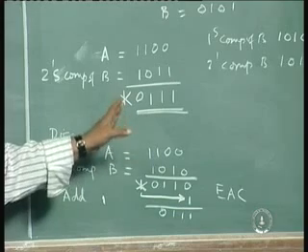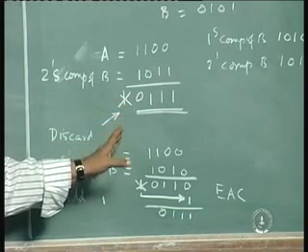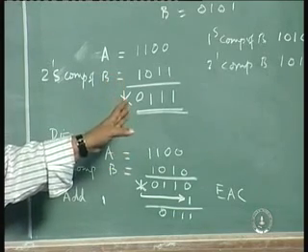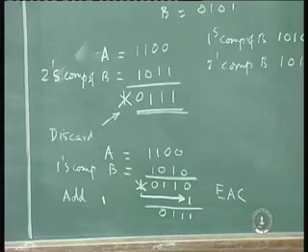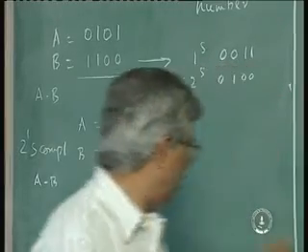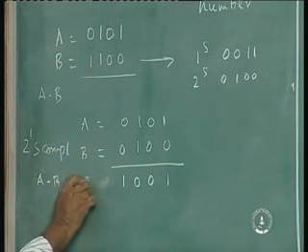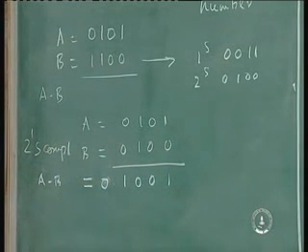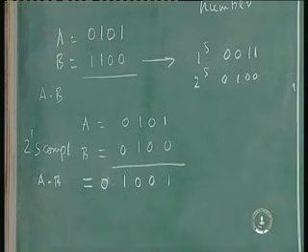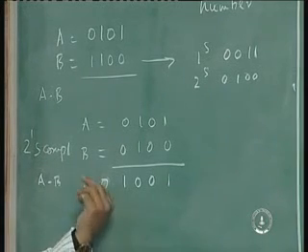There is a 1 in the position to be discarded, 0 in the last position of interest. Here it is exactly the opposite. I have a 1 here in the last position of interest and 0 in the discarded position. So this gives a signal, this is a negative number.